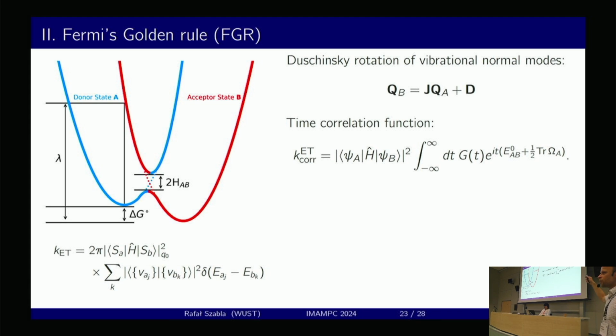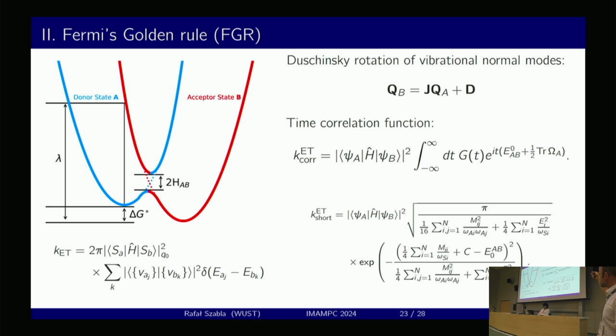And now fasten your seatbelts. This can be approximated through the cumulant expansion, and if you take the first 2 terms, you can actually get a nice analytical expression. It looks very scary, but surprisingly it's probably the simplest and fastest way to calculate the rate within Fermi's golden rule.